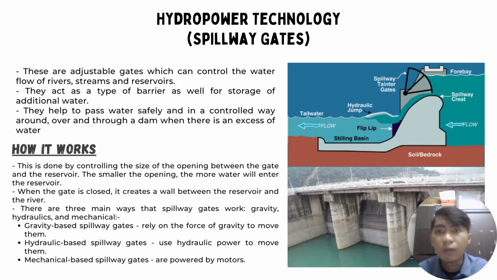That is gravity, hydraulic, and mechanical. Gravity relies on the force of gravity to move the water. Hydraulic uses hydraulic power to move the water, and the last one, mechanical, is used to move the water using motors.